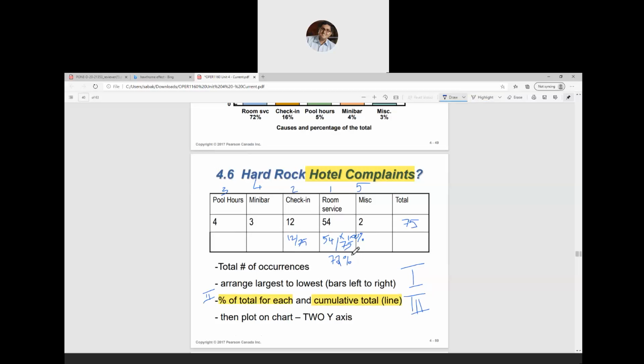For the next thing, for example, for check-in is 12 divided by 75, which is 16 percentage.